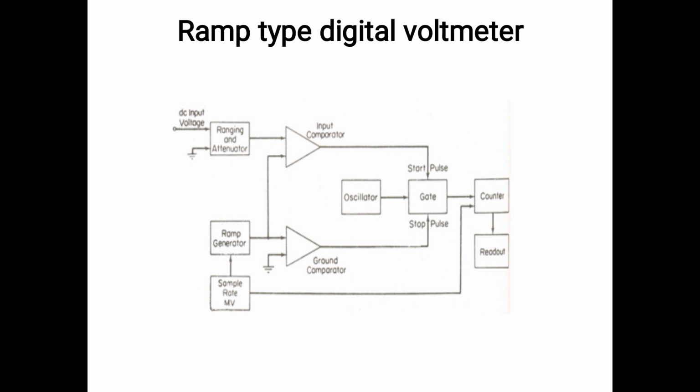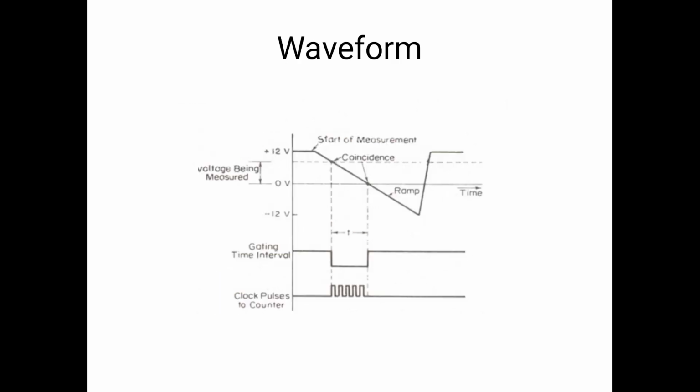Now we can see it through a waveform, as we have already seen in the block diagram. Here the range is the voltage that has been measured, up to 12.